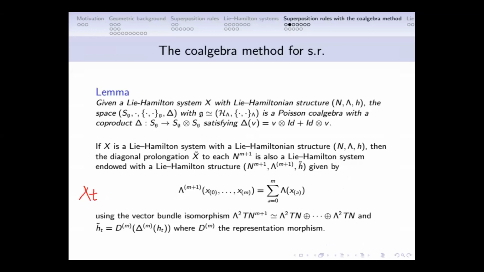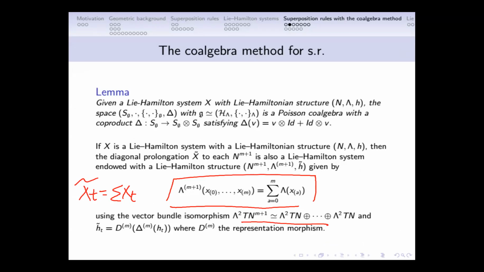We were copying the system. We were taking the diagonal prolongation, which was basically summing copies of the original XT. So here, this coalgebra method is letting us split the Poisson algebra by vector fields and copies as well. Okay, so it's a way of interpreting that.